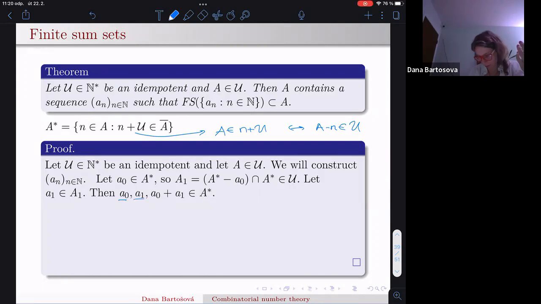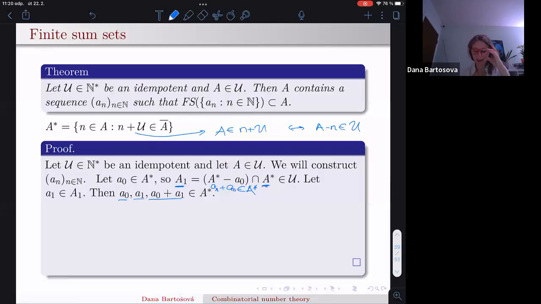A1 is a subset of A, so it's also in A. And A0 plus A1 is going to be in A star, because if I take an element A1 from A star, then I have that A1 plus A0 is in A star.